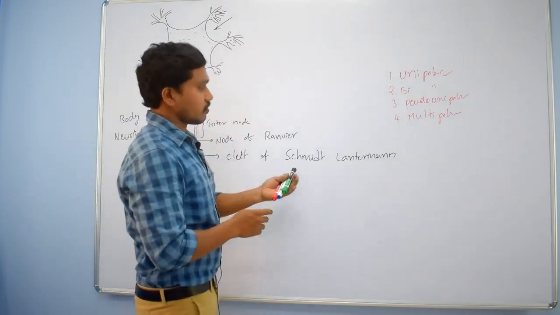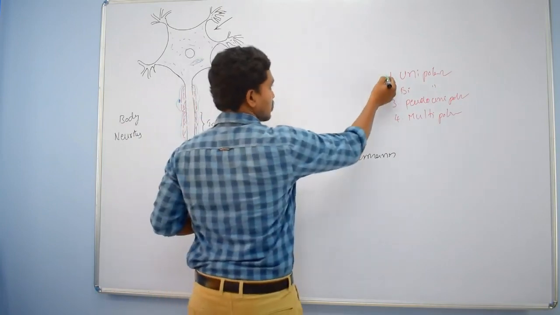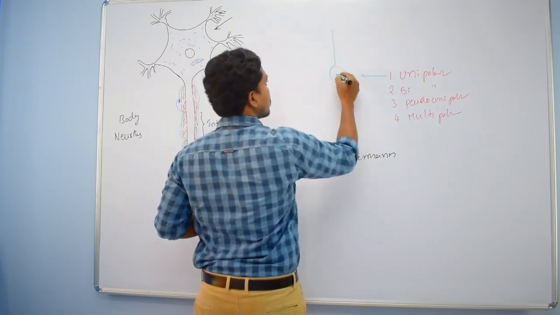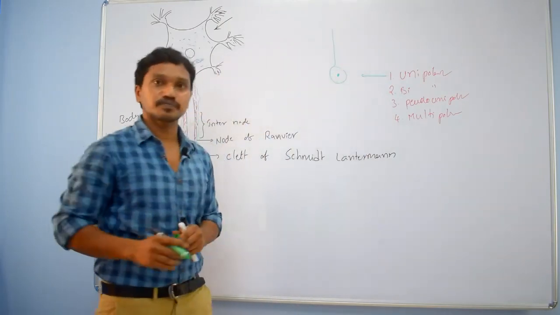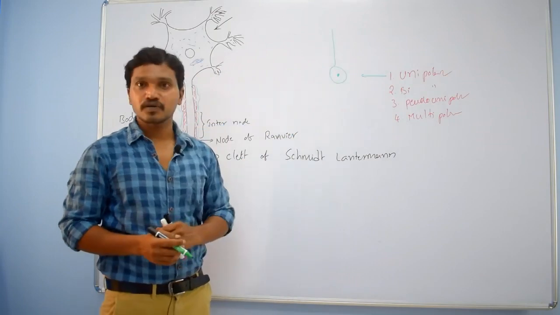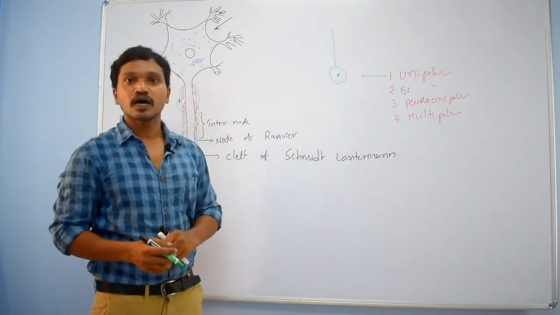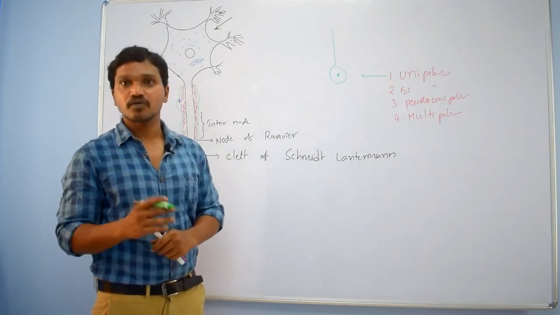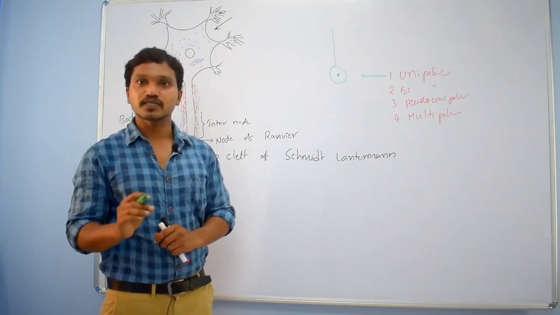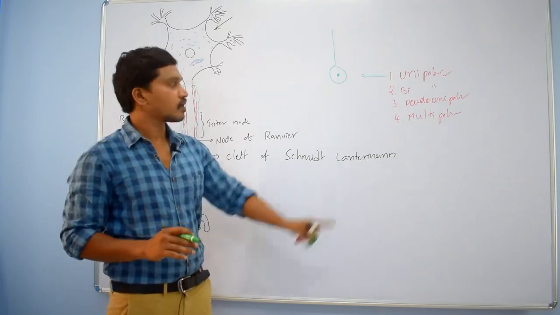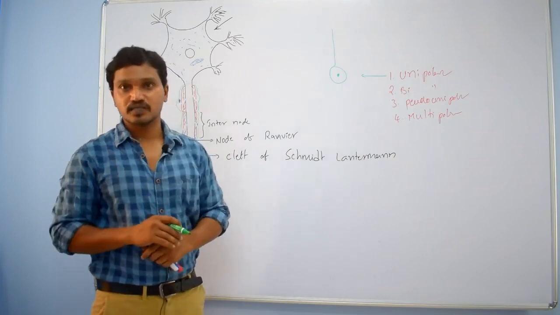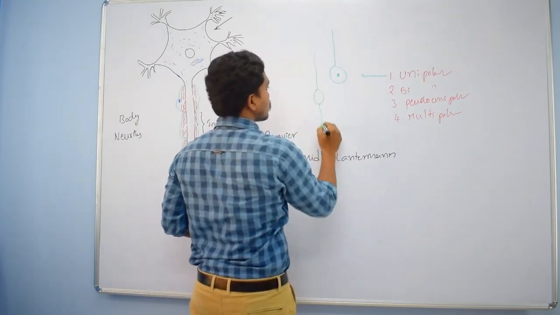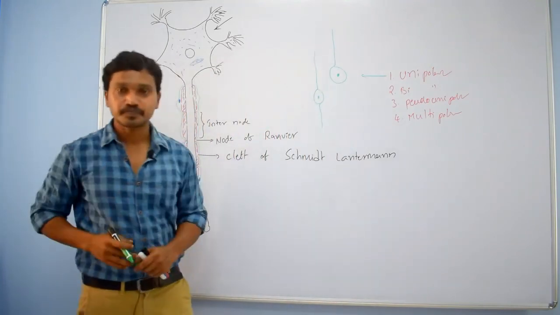Okay, let me explain one by one. Unipolar. This is a cell. From the cell only one process arises. This type of cells, we call unipolar cells. Where can you find them? For example, the mesencephalic nucleus of the fifth cranial nerve, which is present in the midbrain. Clear? Then bipolar cells. Bipolar cells means the cell body contains two processes, right?